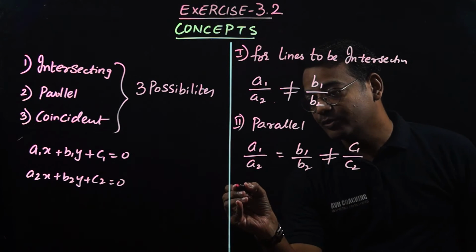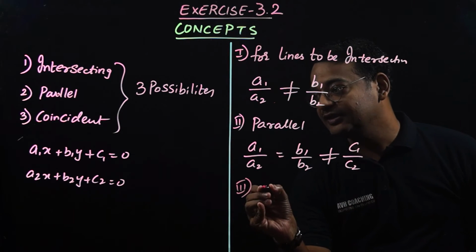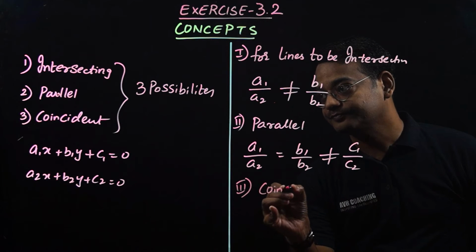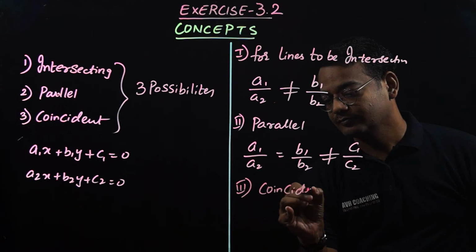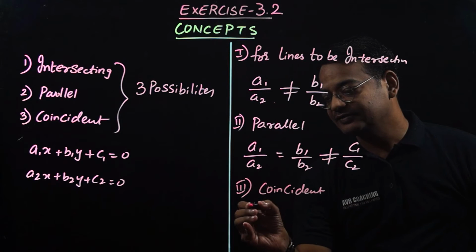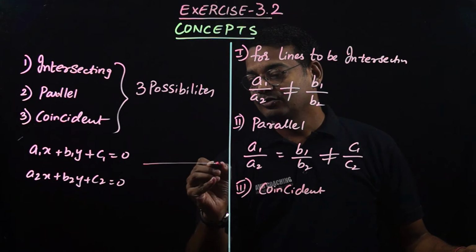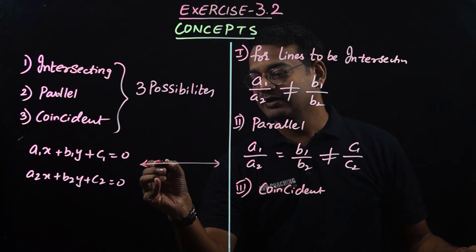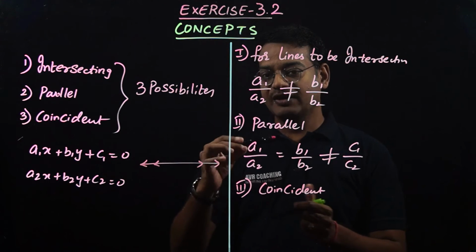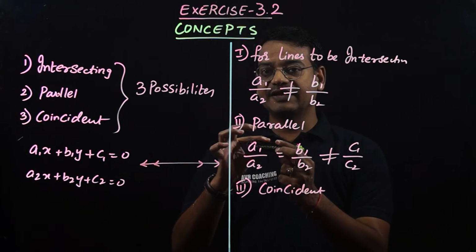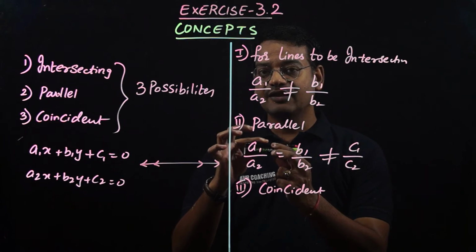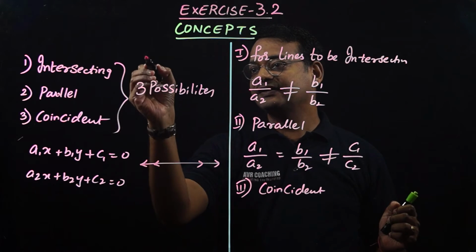Now comes the most important condition, that is coincident lines. What are coincident lines? When two lines are upon each other, the second line is coinciding with the other line.